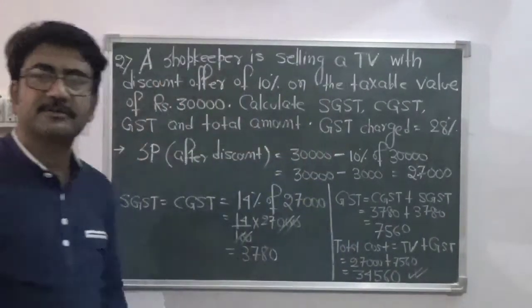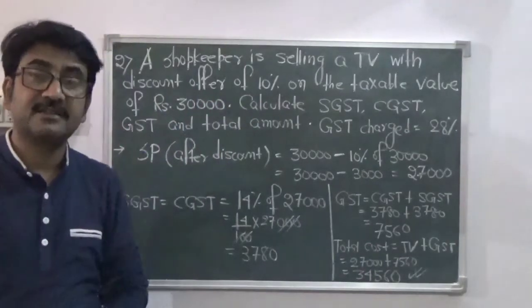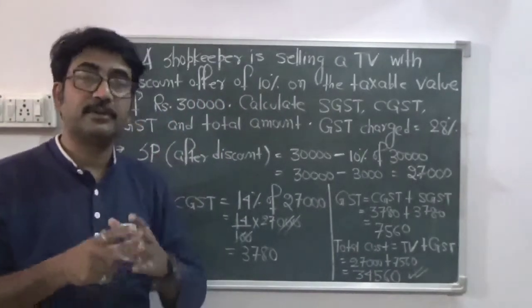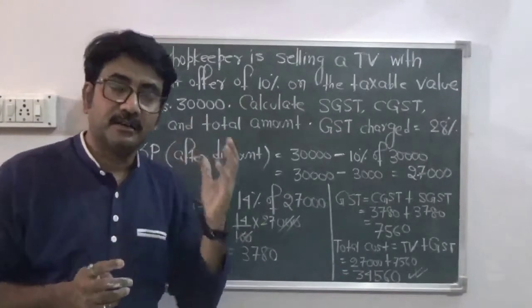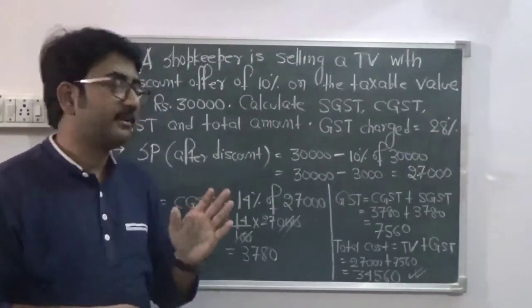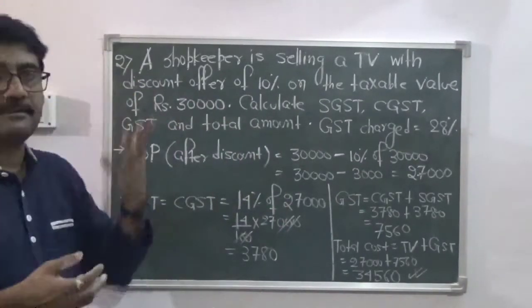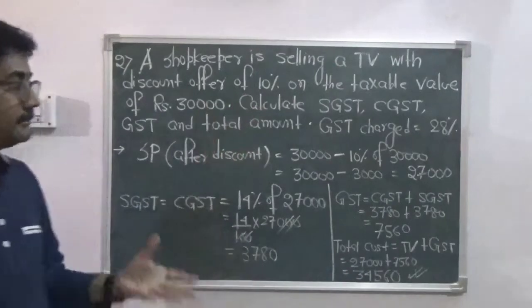So I think it is also very simple. The only new thing here was that there was a discount on the taxable value. So whenever you apply tax, the discount amount has to be deducted first, and then we apply tax on that new selling price or new taxable value. Okay.